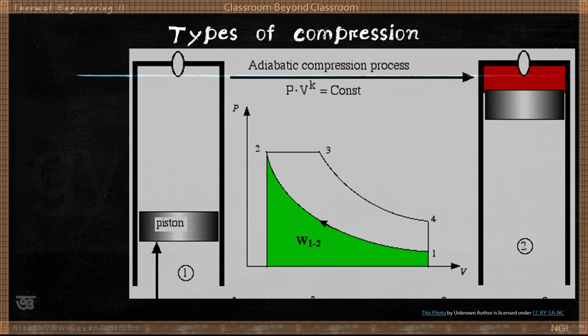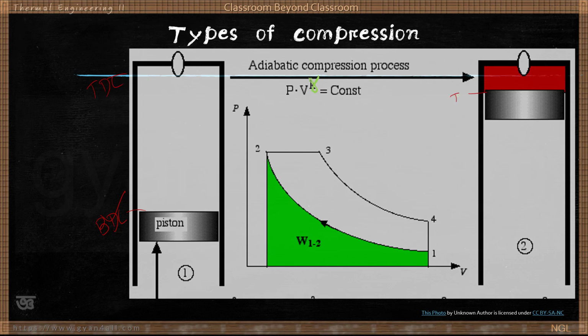Now the compression. There may be different types of compression, but we have discussed isentropic compression. Say this is an adiabatic compression, PV to the power gamma equals C. At the left side you see the piston is in BDC and this is the position of TDC.